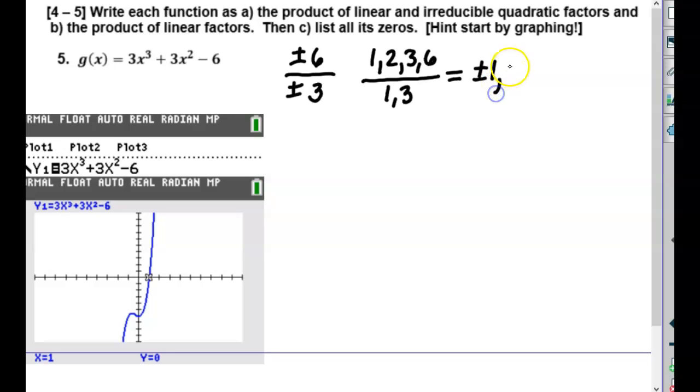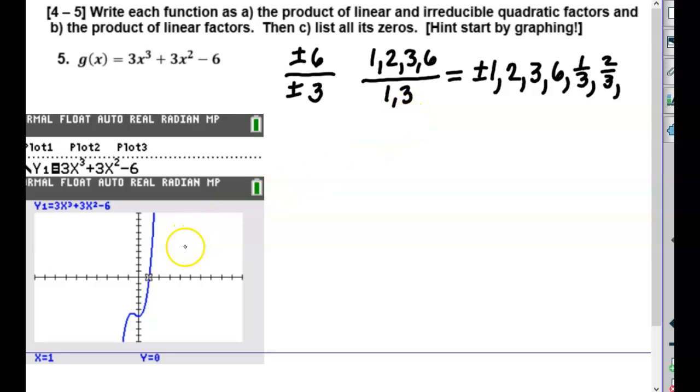Plus or minus 1, plus or minus 2, plus or minus 3, plus or minus 6. If I put them over 1, but what if I put them over 3? I get a 1/3. What else? 2/3. 3/3 is already on my list as 1, and 6/3 is already on my list as 2. All right, that was just a review from yesterday.